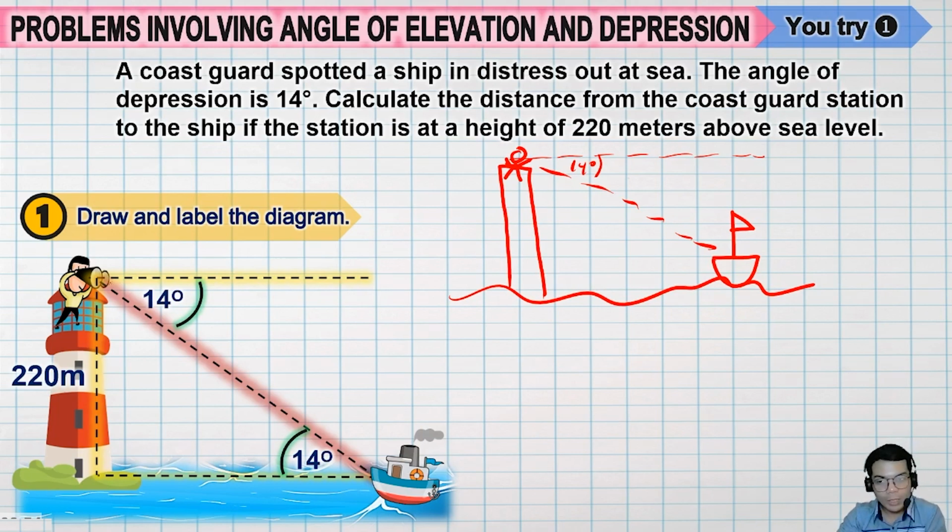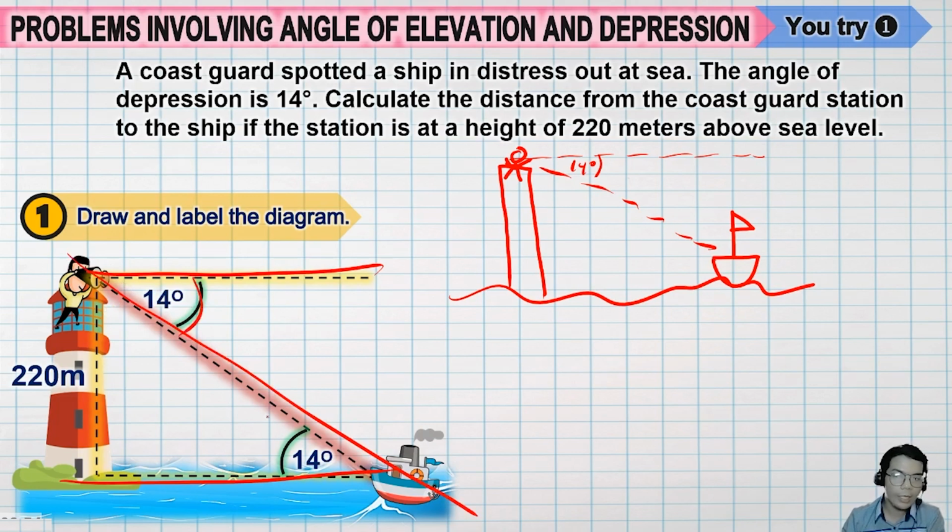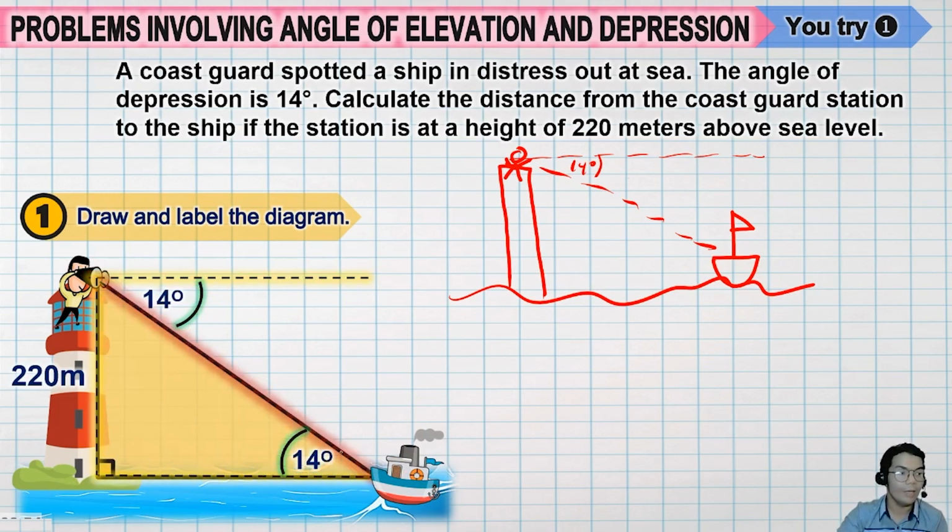Because as you can see here, parallel yung dalawang horizontal line natin. And since parallel sila, parang parallel lines cut by a transversal lang yan, the alternate interior angles are congruent. So technically, you can have this right triangle below. Or pwede rin naman nasa taas, gawin mo lang tong 220 meters. Parehas lang naman yun. Makukuha mong itsura ng right triangle natin.